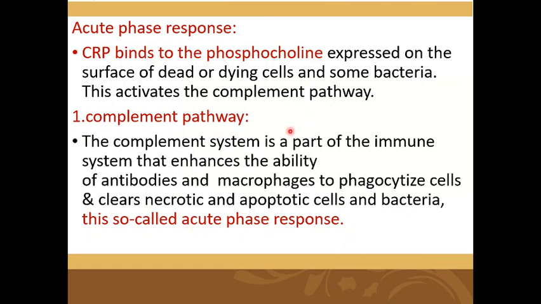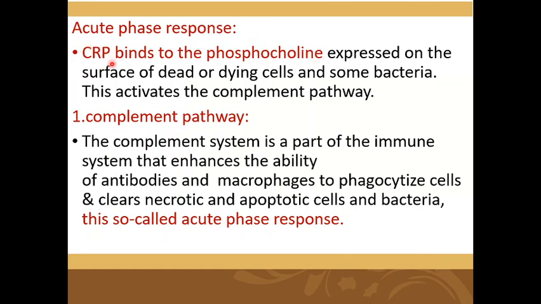तो acute phase response क्या होती है? देखो बहुत आसान है. Any dying or dead cell या bacteria which has to be removed from your body, तो C-reactive proteins उसके साथ उन cells के ऊपर जो phosphocholine होता है उसके साथ bind.